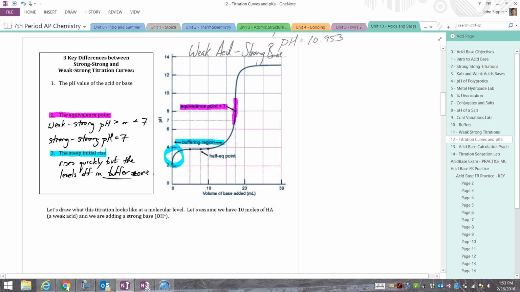Because you create a buffer. When you titrate a weak acid or a weak base with a strong one, like in this case where we titrate that weak acid with a strong base, we have HA and we're adding OH minus to it, and you get A minus and water.